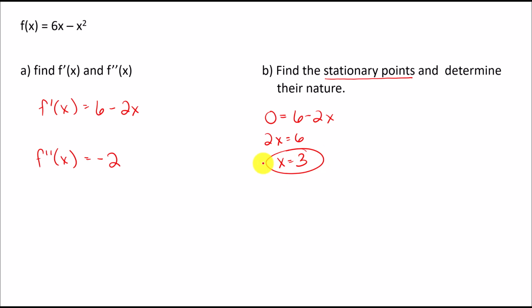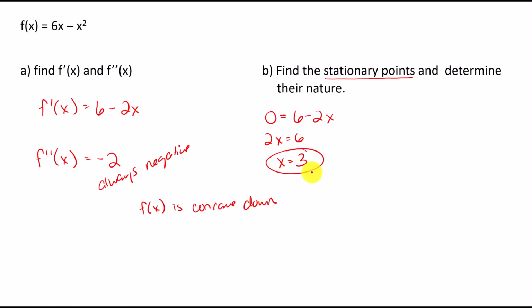That's my stationary point. Now, guys, there's no x in my second derivative. My second derivative is always negative, because I have nothing to plug in there, which means my function f of x is always concave down.